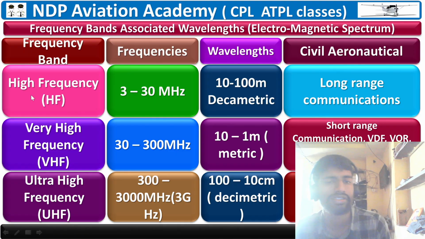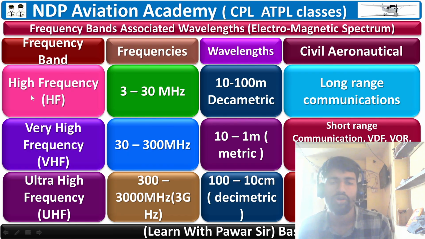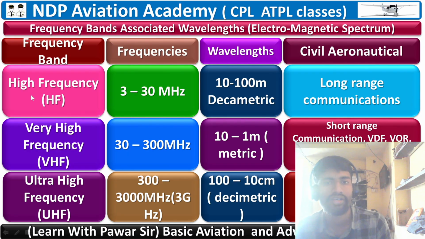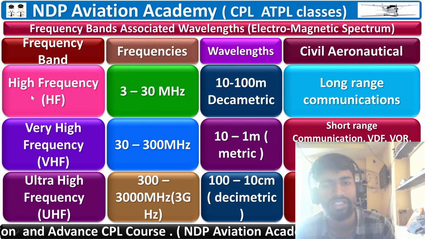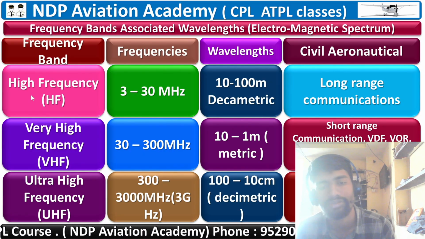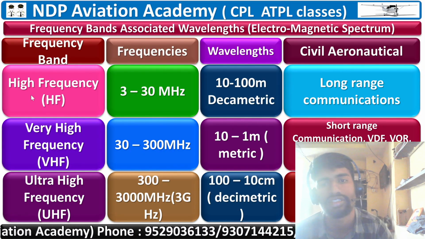So how much wavelength does ultra high frequency have? 100 to 10 centimeter, the decimetric wavelength.